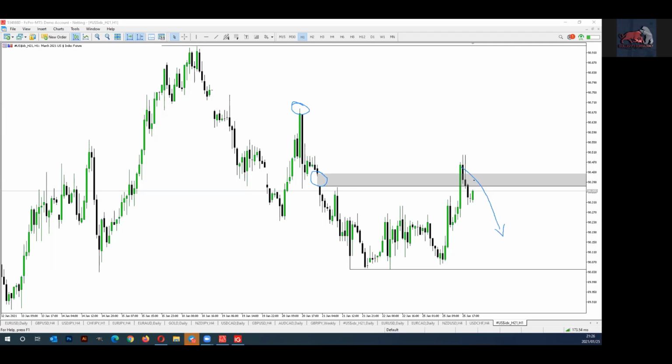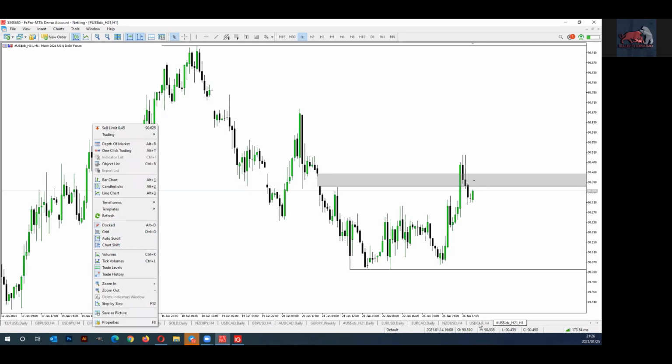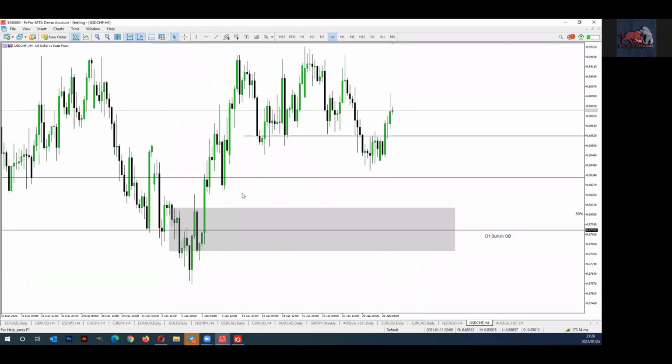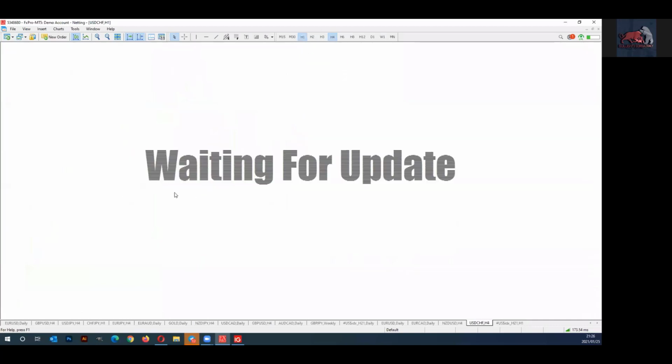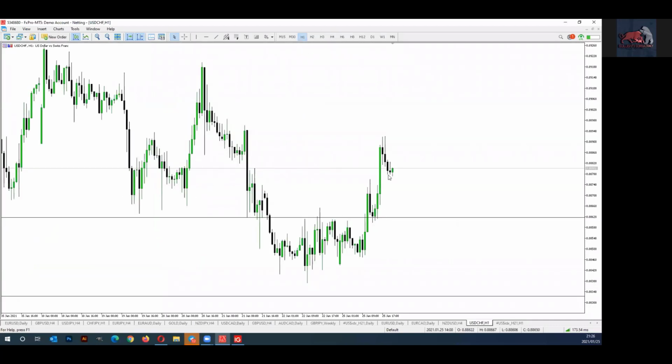That's for those who like to trade on a Monday. Because you see, that movement to the imbalance on DXY, that move on its own when price closed that imbalance, if you come to Euro USD or say USD CHF, 1 hour, you see, it also traded.